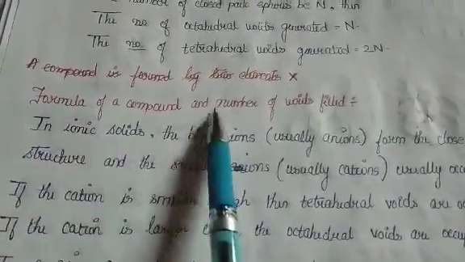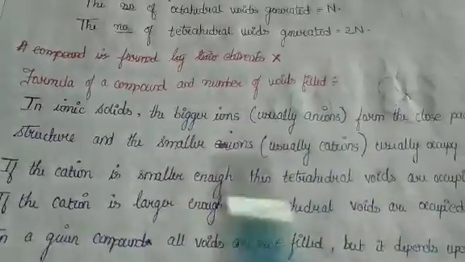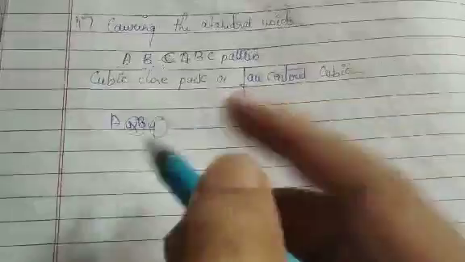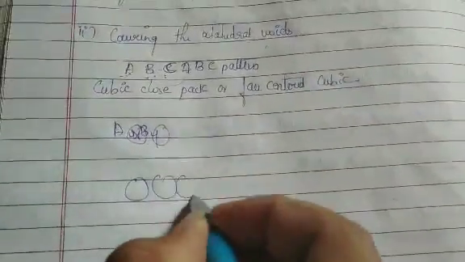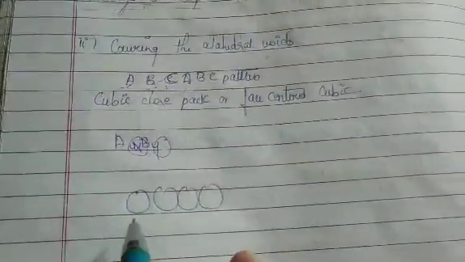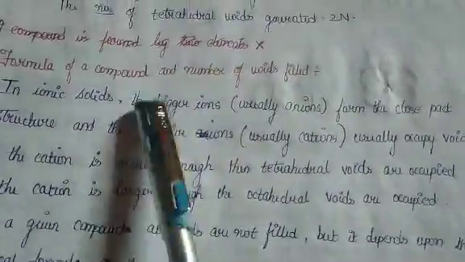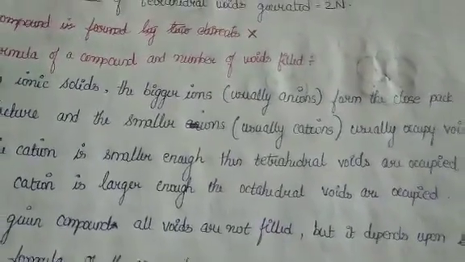To write a formula of a compound, the number of voids filled. Remember, whatever ions or atoms we are writing in ionic solids, whatever spheres we are writing represent the bigger ions. Generally they will be anions because they will be of larger size.